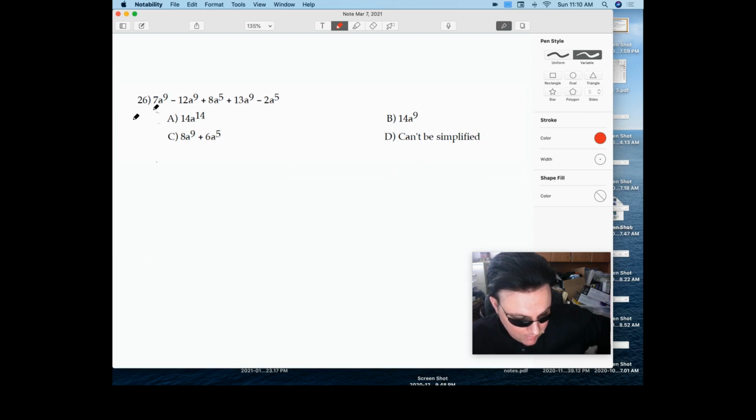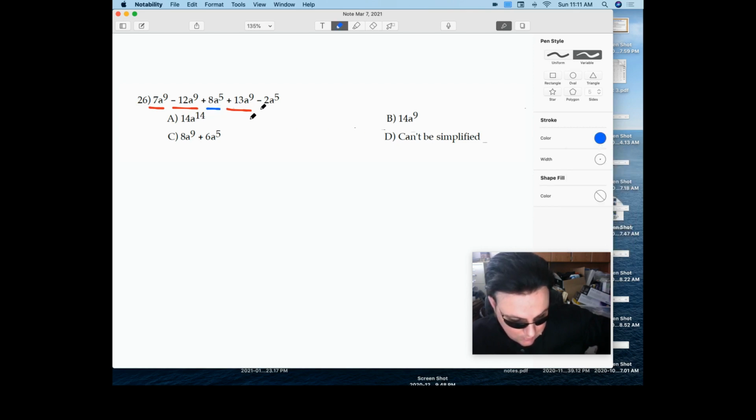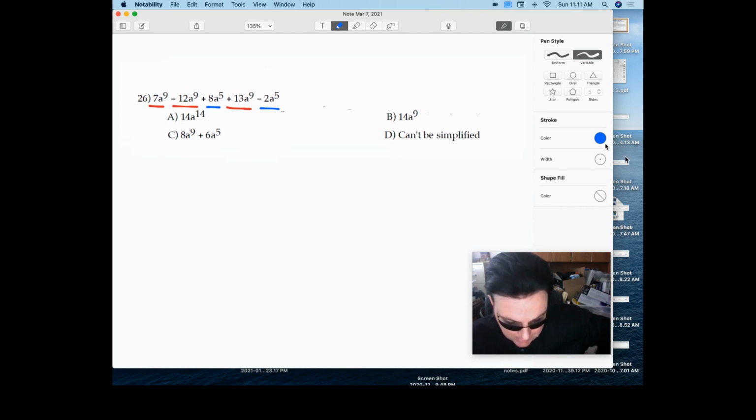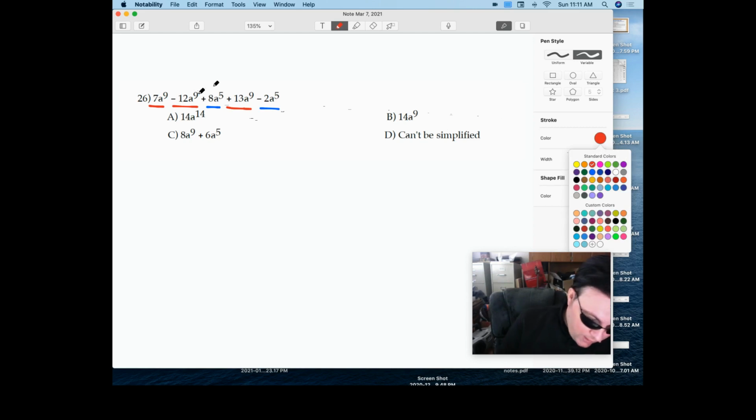All right. So now we have 7a to the 9th, negative 12a to the 9th, and 13a to the 9th. Those all match up, and then we can match up 8a to the 5th and negative 2a to the 5th. So we know what matches up, and we can attack it. So 7 minus 12 is negative 5.